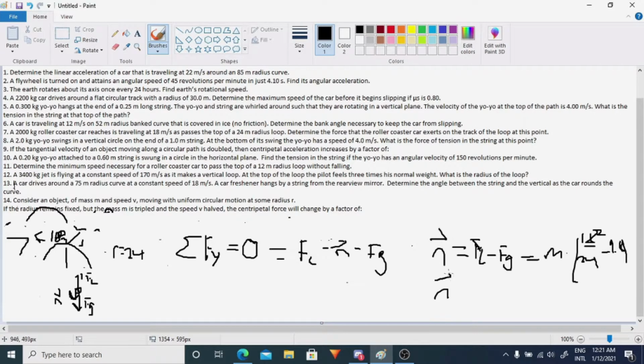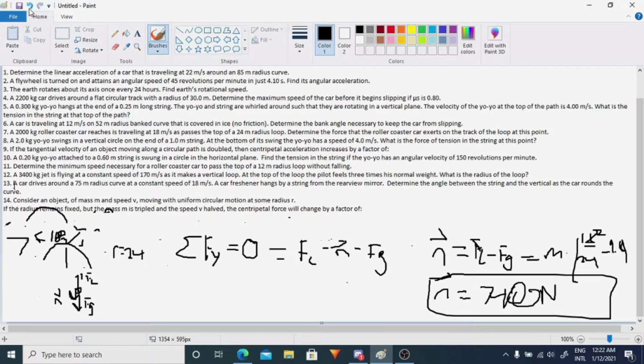And so the normal force is going to come out to be, once we plug in all the numbers, 7,400 newtons, which is our final answer.